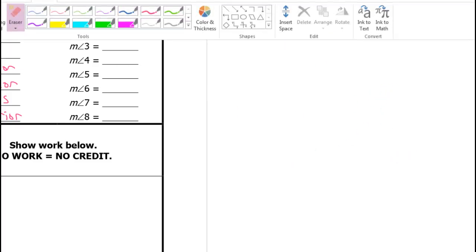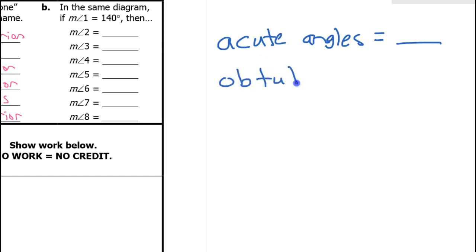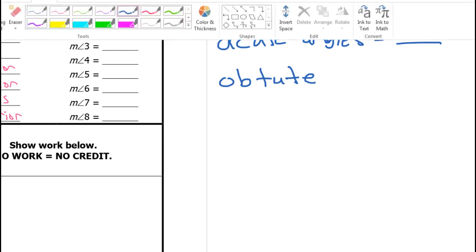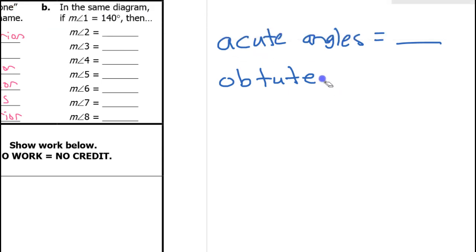Okay, so really I'm looking for two things. What are the acute angles? And what are the obtuse angles? Ha! I said acute and then I said obtute. What are the obtuse angles?